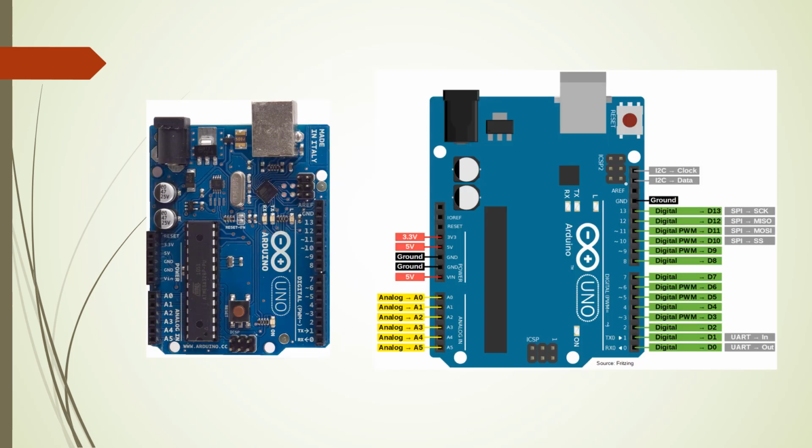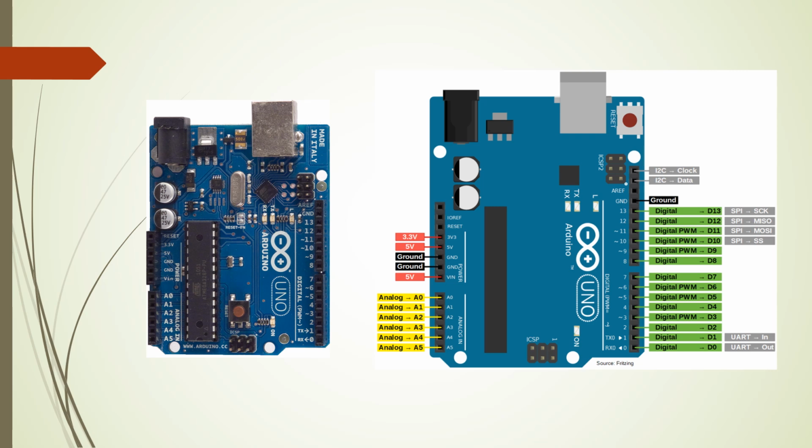So this is an Arduino Uno board, right? On the right-hand side we observe the pin description of the Arduino Uno. At the lower side we have analog pins, and here we have the 5-volt supply and 2 ground pins, 5-volt supply and 3.3 volts. Here we have reset and input output reference pins. This is a USB connector, and here we have transmitter and receiver LEDs.